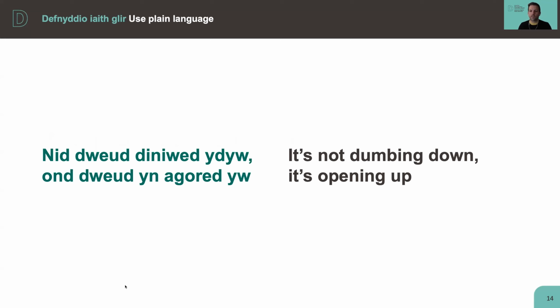Now, there's research to show that even experts prefer plain language about their expert subject matter as well. So, you know, this is not about making things so simple that it's dumbing down. It really is making it accessible to as many people as possible.